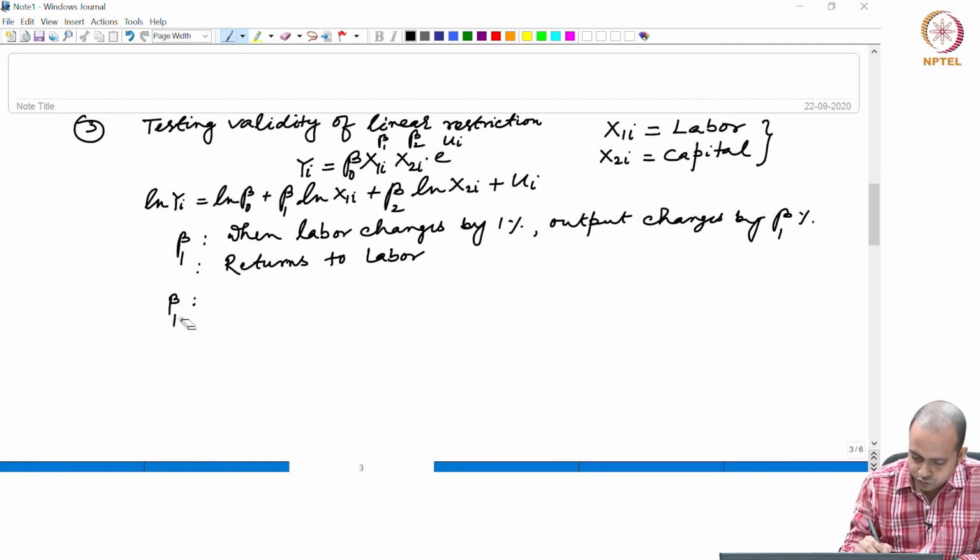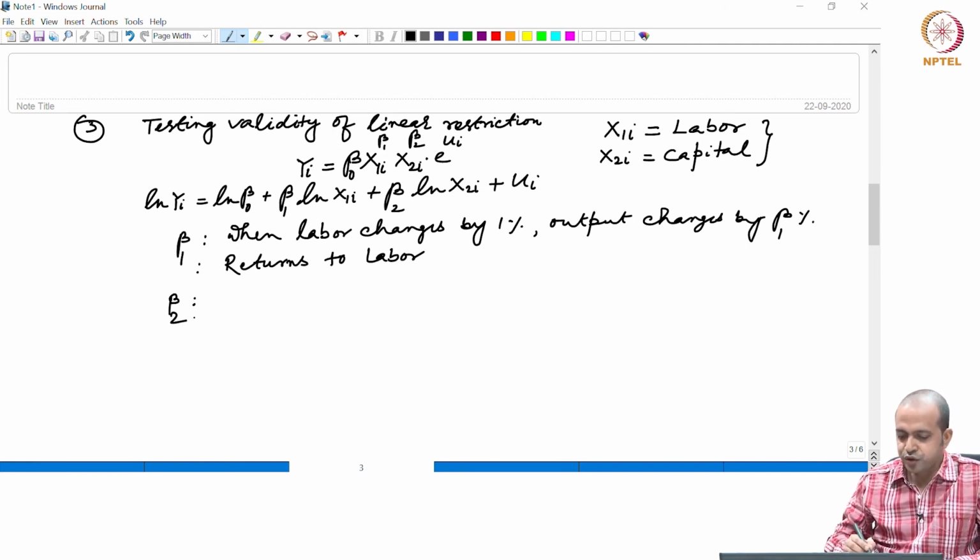And then beta 2, how have we defined, what would be the interpretation?